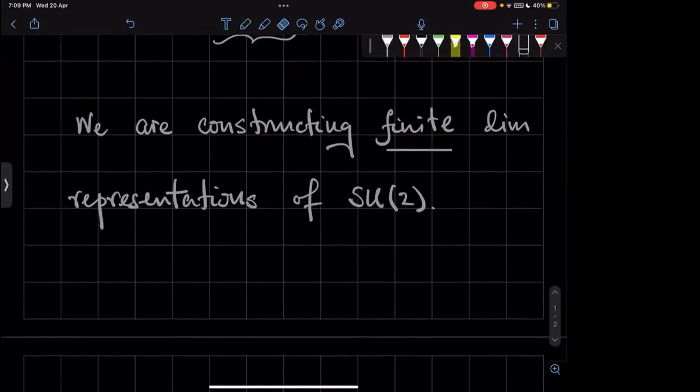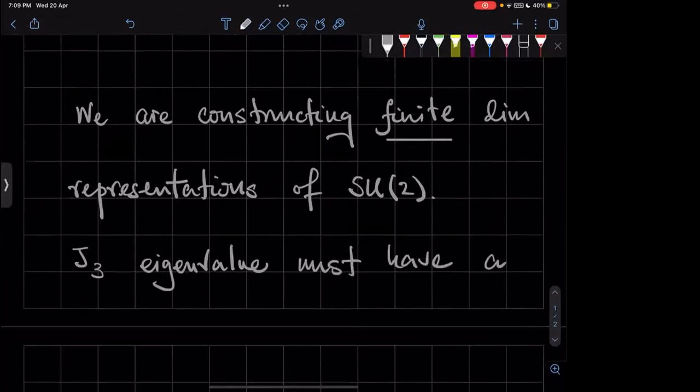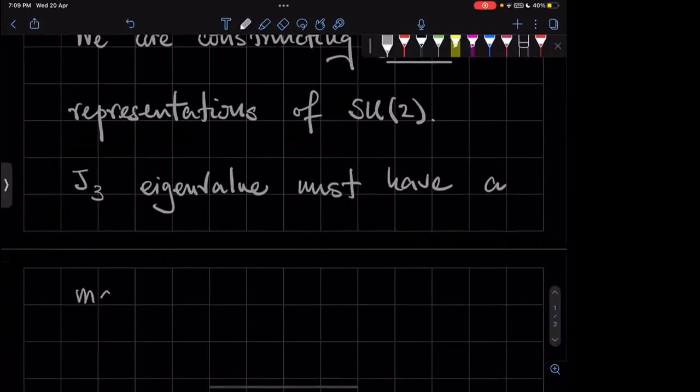This means that the J3 eigenvalue must have a maximum, okay?